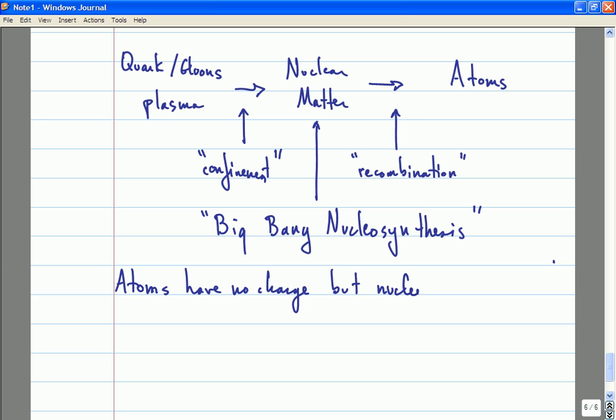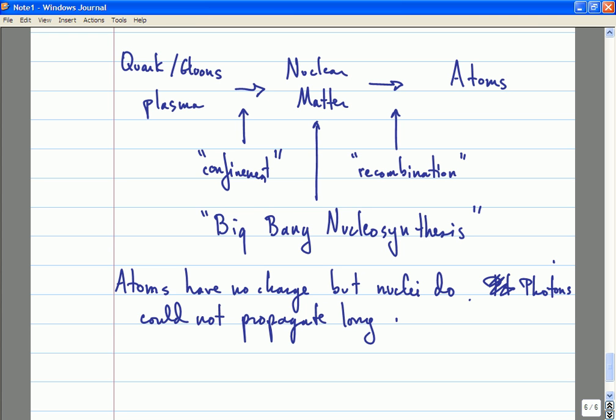So what that means is that photons could not propagate through the nuclear matter phase. So photons could not propagate long distances before recombination.